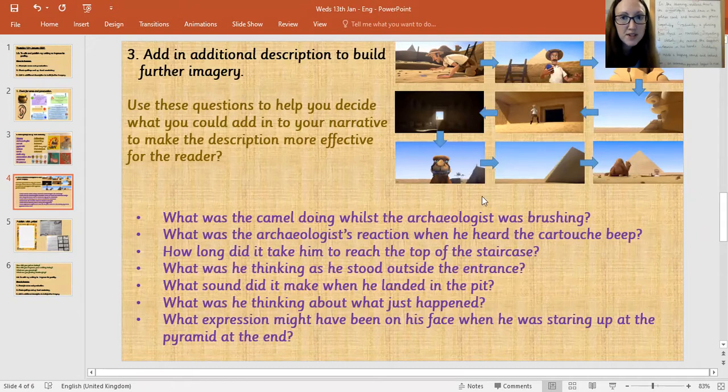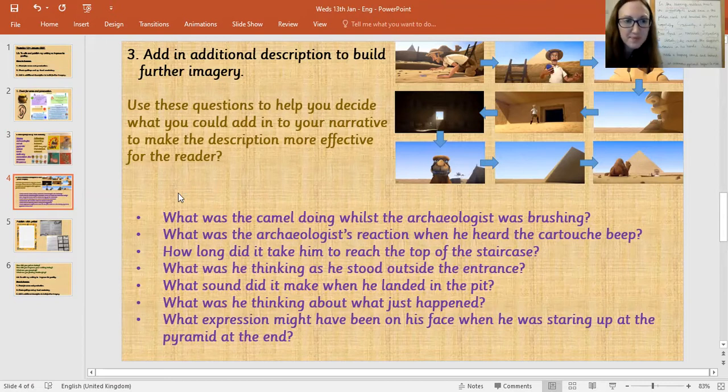Okay, so what I've done here on this slide in purple is I have just written out a number of questions that might get your brain thinking of extra little details that you could add into your sentences. So let's think about these questions and then let's see if I can add any final changes to my writing before it's ready for publishing.